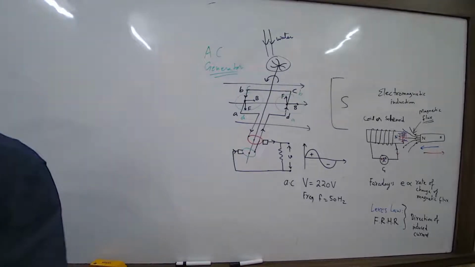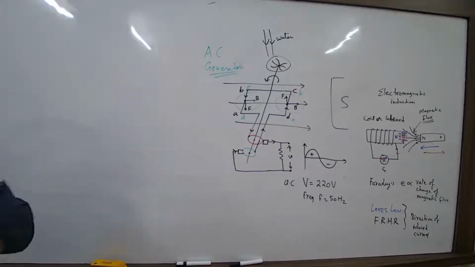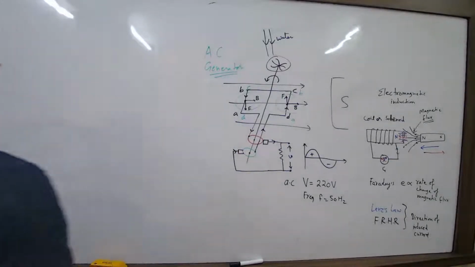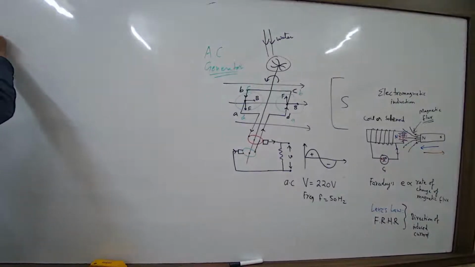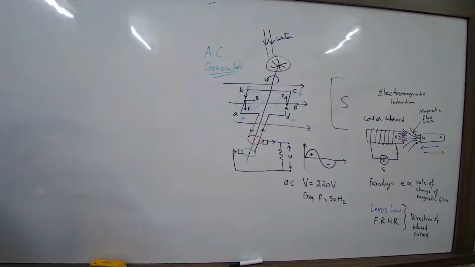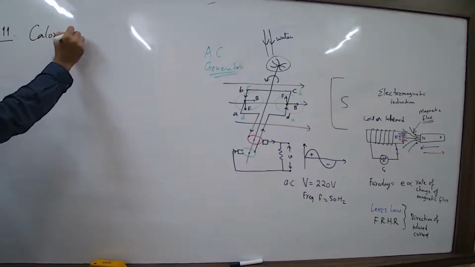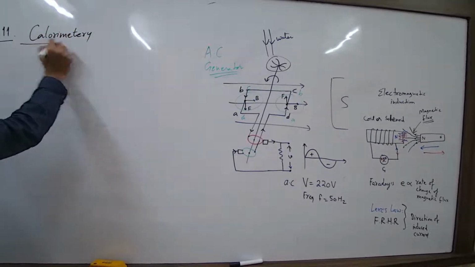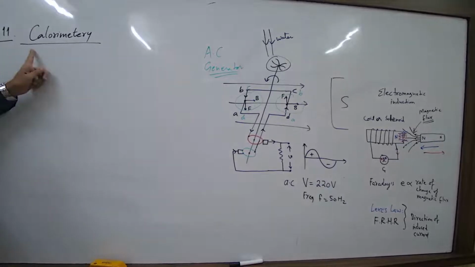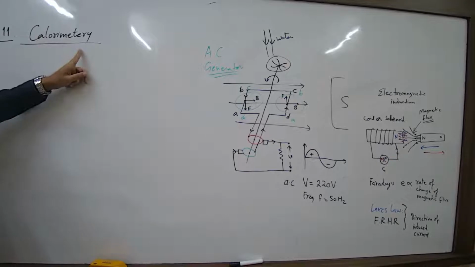Calorimetry. So next chapter, we have how much time? We still have 15 minutes. So that is sufficient for a good introduction. So this is chapter number 11. Calorie is energy, heat energy, metry, measurement of heat.